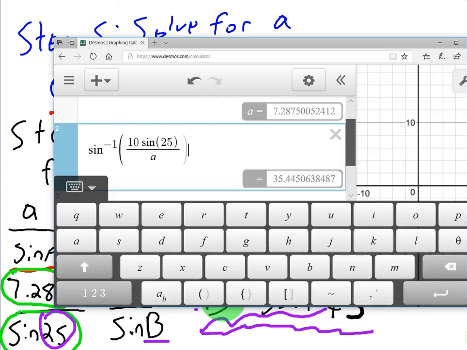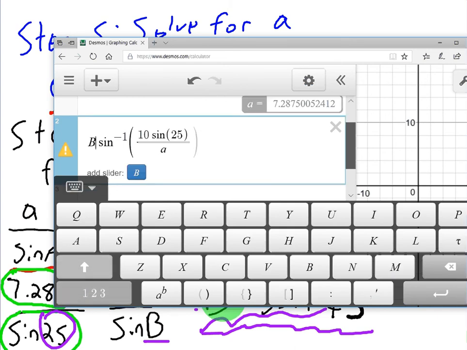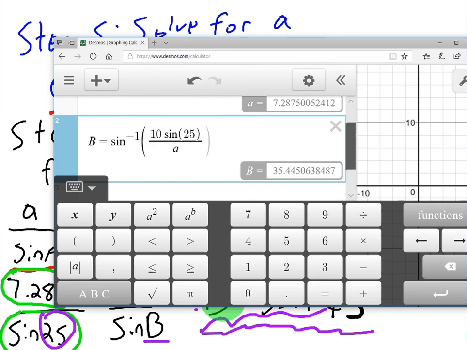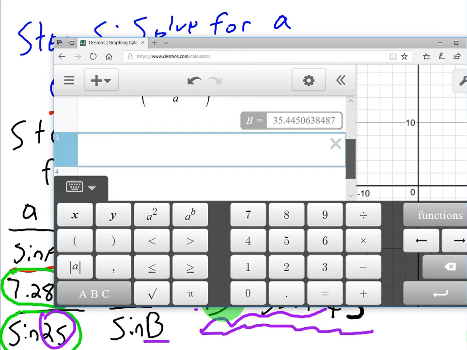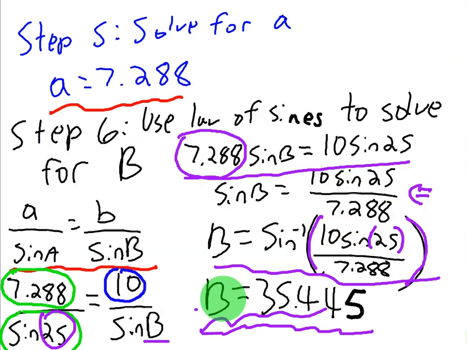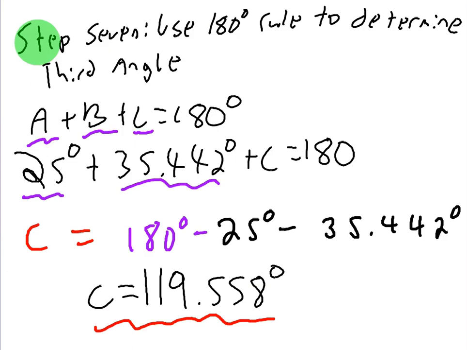So, actually, when I go in here, I can store my big B as such. And that way, when I go to solve for C, I can just do 180 minus my other two angles. So that leads us to this.